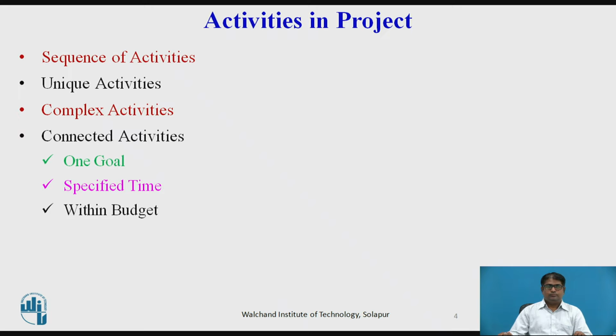One goal. Projects must have a single goal. However, very large complex projects may be divided into several sub-projects, each of which is a project in its own right. Such division makes for better management control.